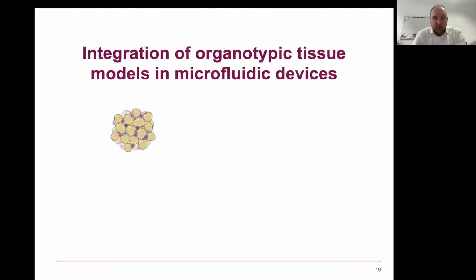And now for the last 15 minutes or so of this talk, I would like to talk briefly about the integration of those 3D liver cultures, patient-derived liver cultures, with other tissue models and microfluidic devices. Because while it is clear that fatty liver is, of course, a predominant liver-specific manifestation, it is nevertheless integrated within a context of overall metabolic dysregulation.